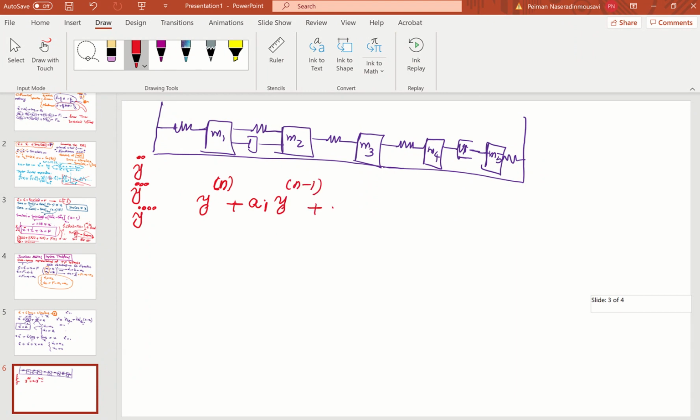This plus a_(n-1) y dot, plus a_n y is equal to b_0 u^(n) plus b_1 u^(n-1) plus b_n u, where u is the control input to the system.